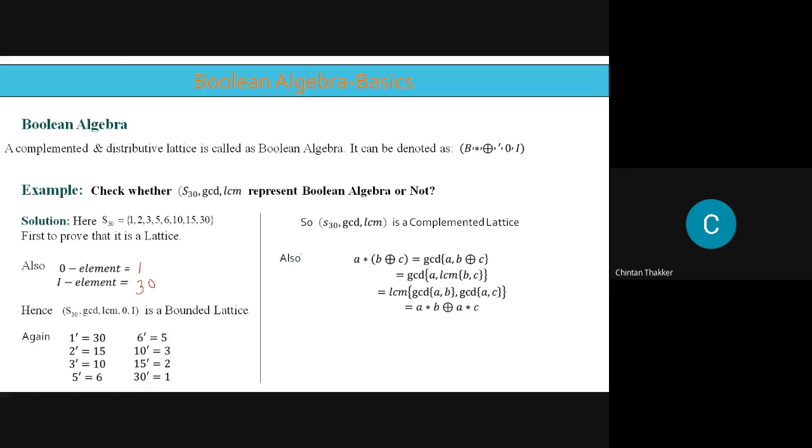Okay, so the distributive property is also satisfied. Therefore S30 is a Boolean algebra. Okay.